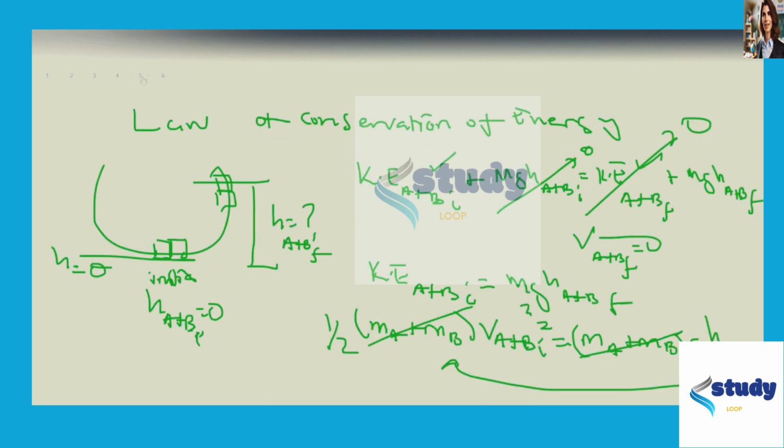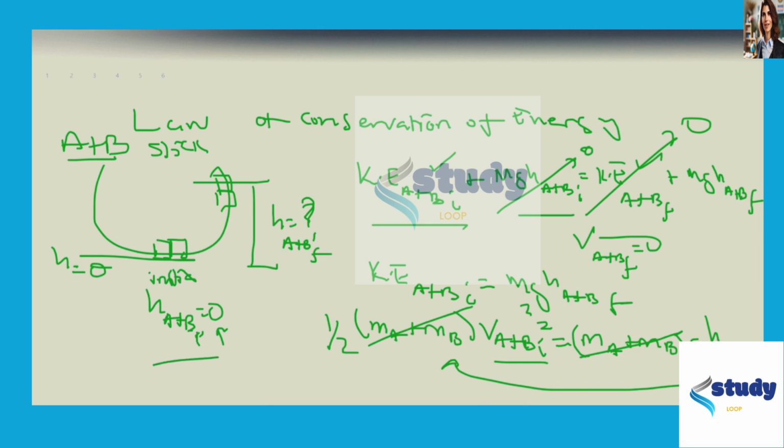And so moving forward, we can use the law of conservation of energy. This is for the system A plus B when they stick together. So initially, the height is 0 when they stick together, and we want to find the final height. The initial kinetic energy of the system is premised on the initial velocity of the system. But the initial potential energy of the system A and B is 0 because this height is 0.